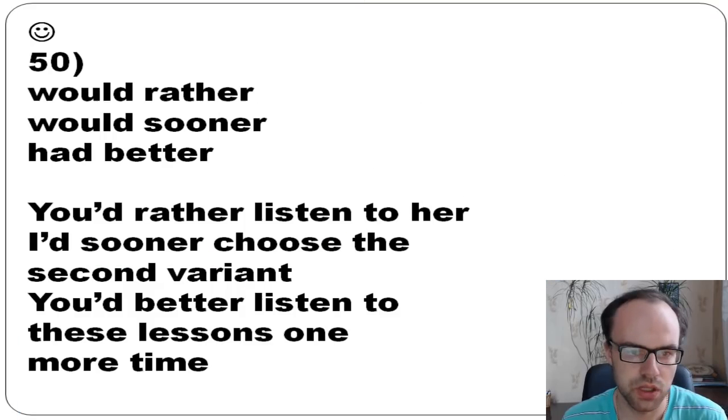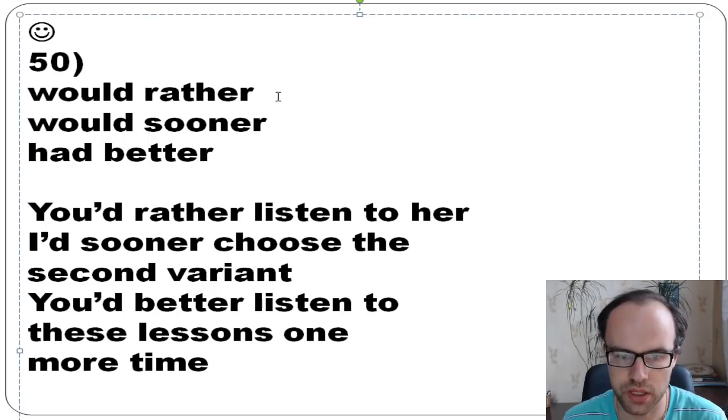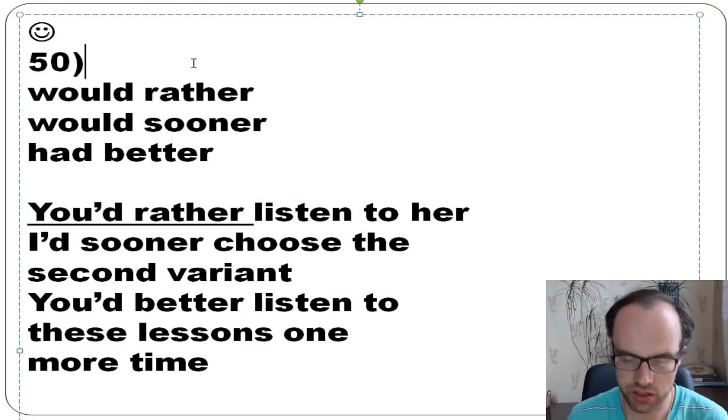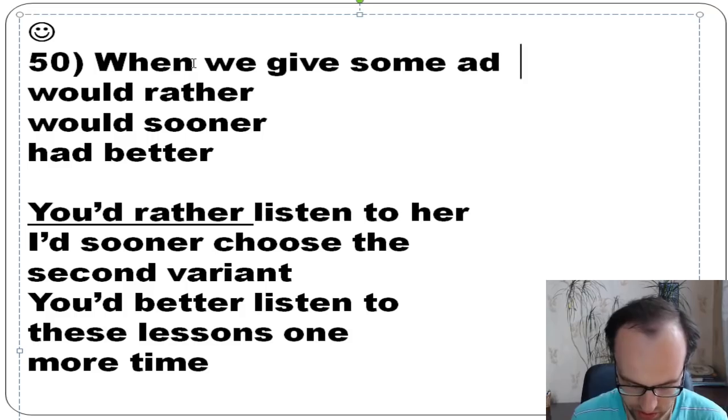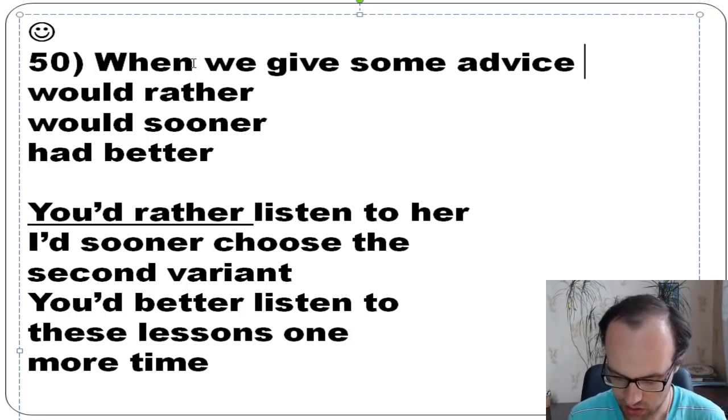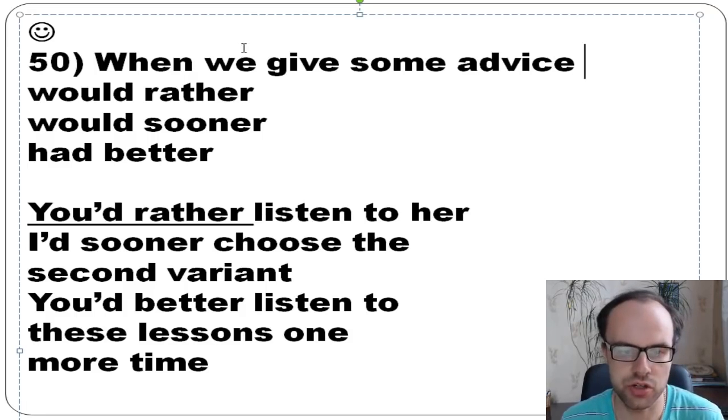Well, the next structures: would rather, would sooner, and had better. Look, you'd rather listen to her. Would rather, or you'd rather, is a short form. When we give some advice, we use these structures.